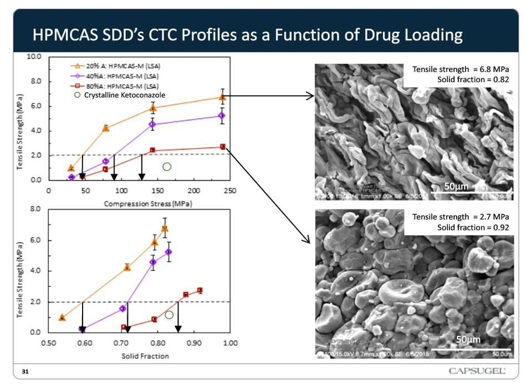So if we look at the 20% one, we can see that the particles are very deformed and have kind of plastically flowed together, whereas the 80% SDD drug-loaded ones, the particles look a little more elastic and really haven't flowed together to the extent that the 20% SDDs did.